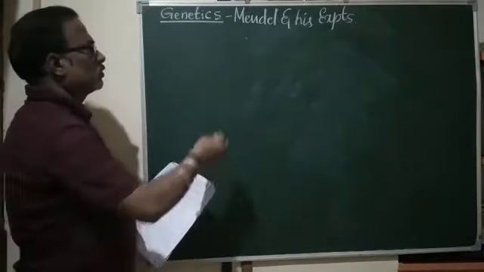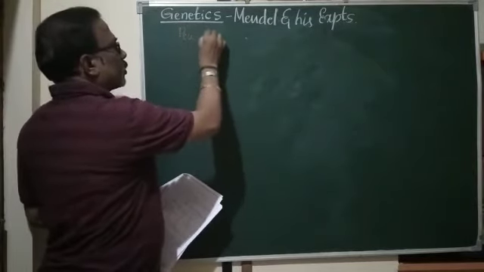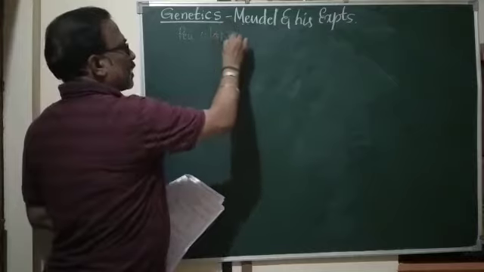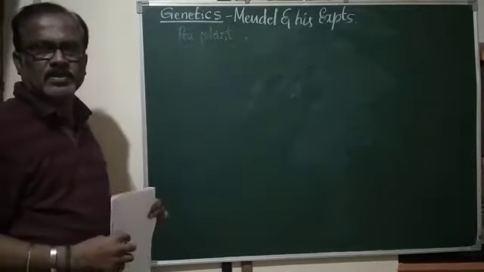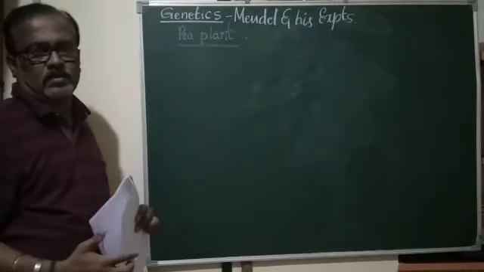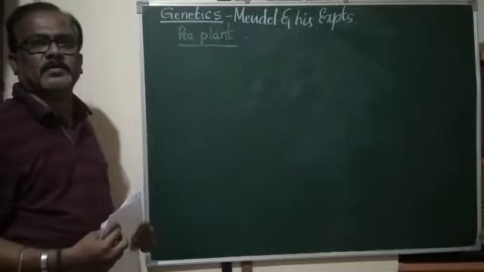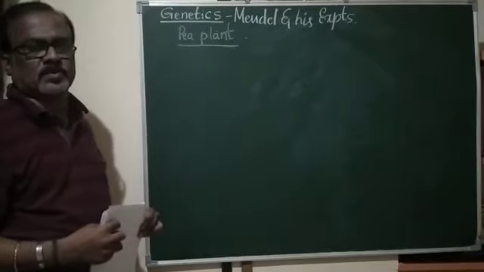As we know, Mendel selected pea plant, that is Pisum sativum, for his experiment. And why did Mendel select pea plant for his experiment? The question arises.